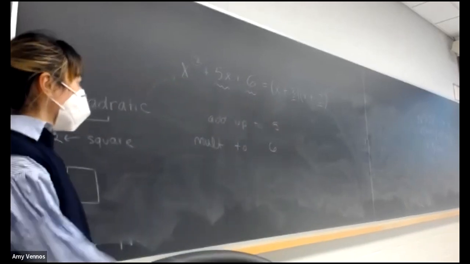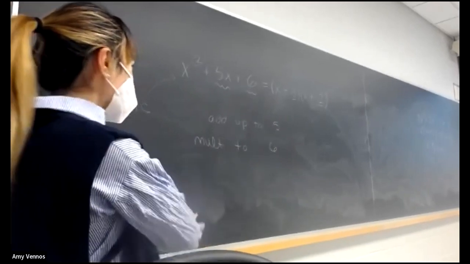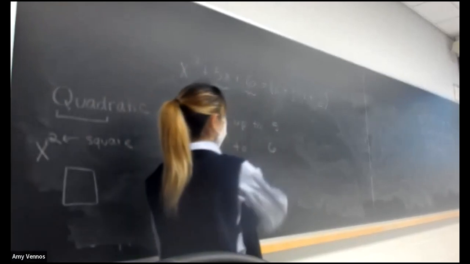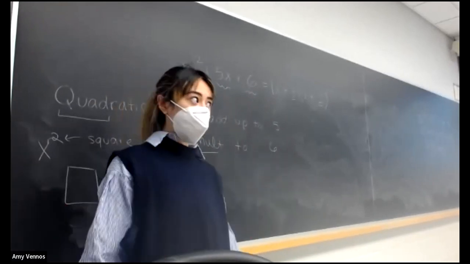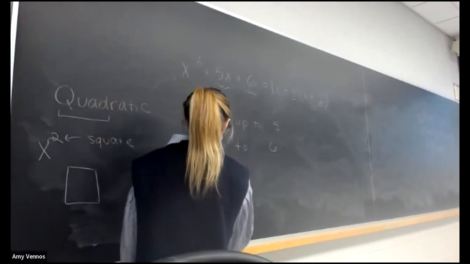Okay. So what I like to do when I look at something like this is look at the multiples of 6 and figure out which ones add up to make 5. Okay. So multiples of 6.